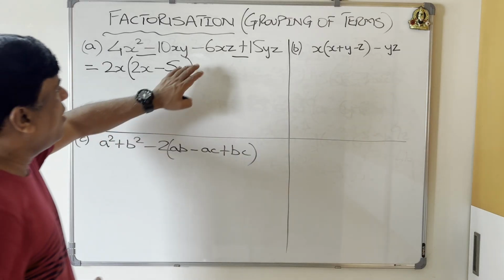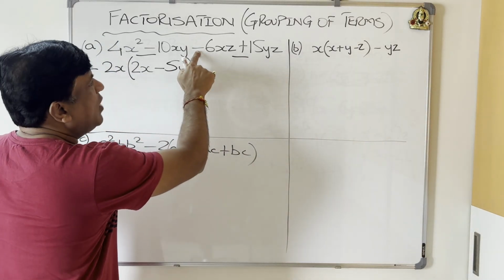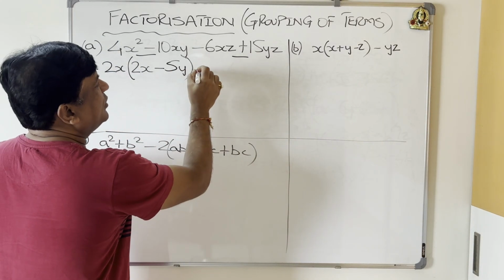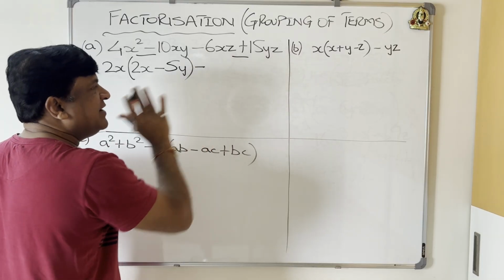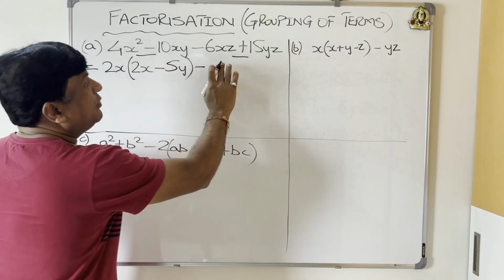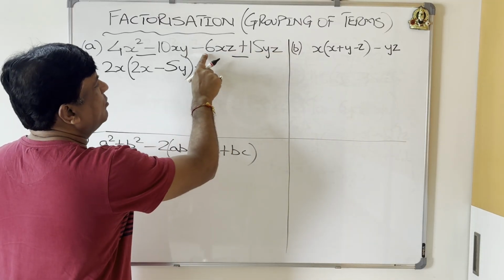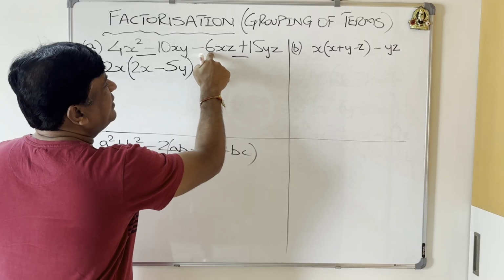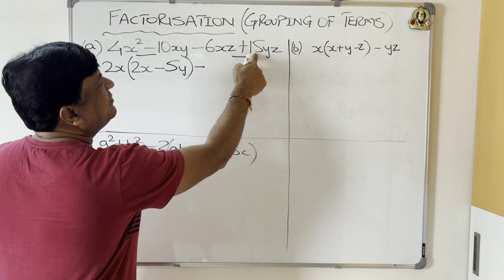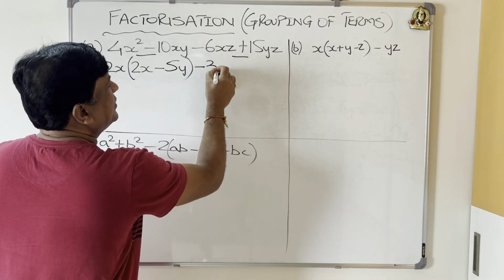Okay, good. Now in this particular case, you have a minus and you have a plus. So what I'm going to do first is take minus common. Remember this one to do properly, otherwise you might get the problem wrong completely. Now between these two numbers, what is the highest common factor? It is 3 if you look at it.